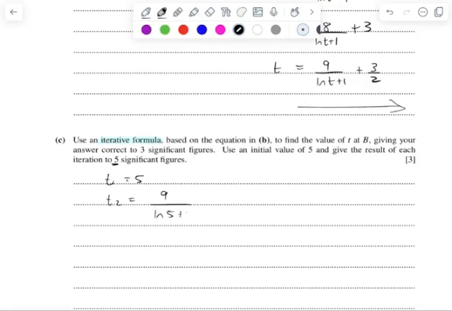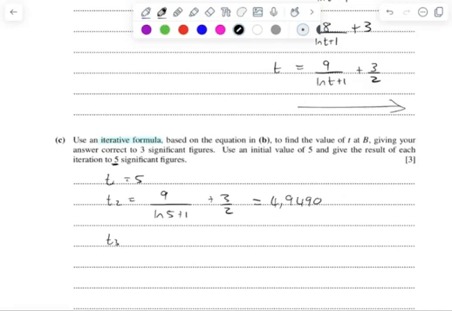Okay, so I'm just plugging in 5 as my value. So 9 over ln 5 plus 1 plus 3 over 2. That gives me an answer of 4.901234. Okay, that's 5 significant figures.